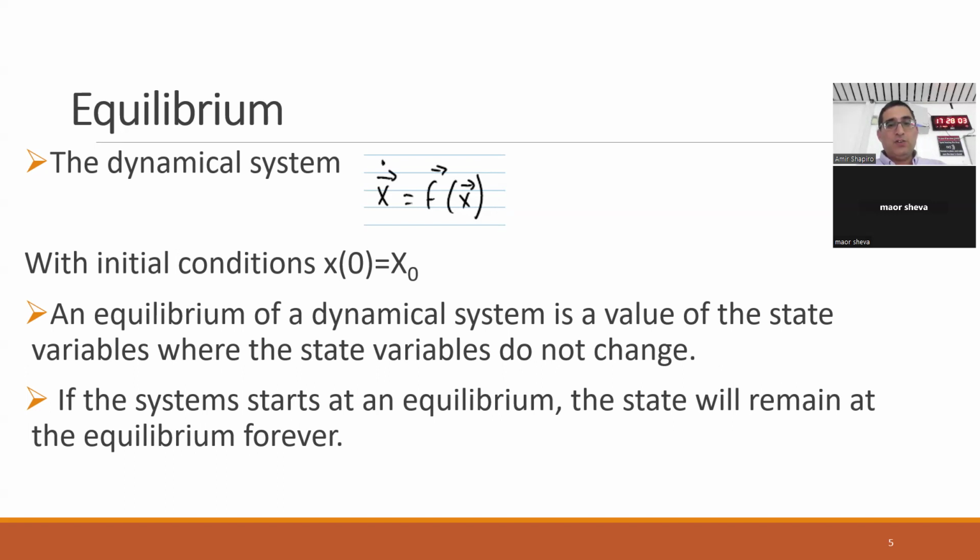Equilibrium is a value of the state variables, meaning x, where the state variables do not change. So it's a point where if the system starts in, it will remain in this state.